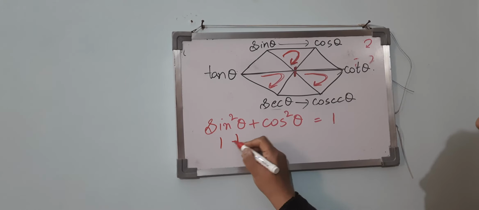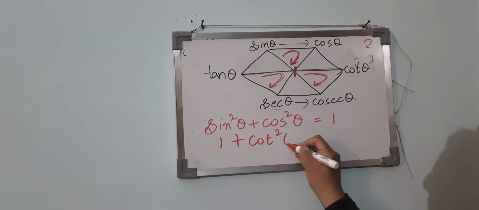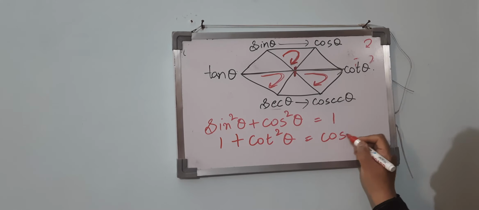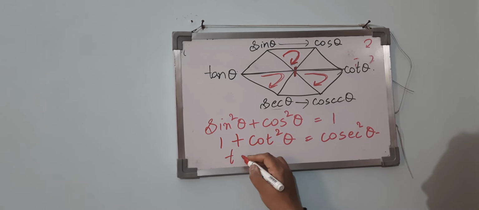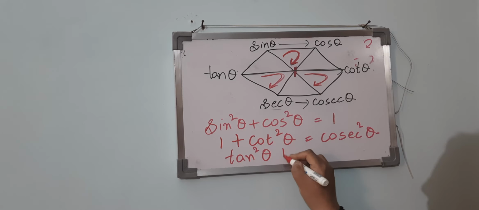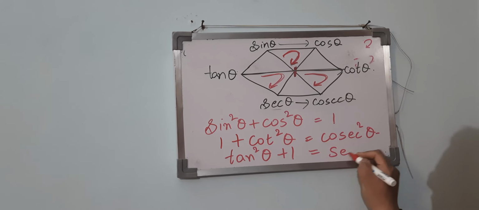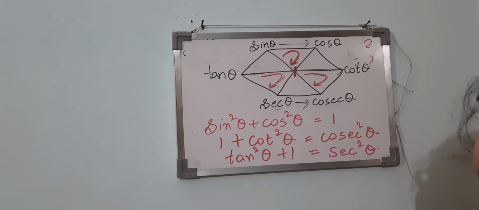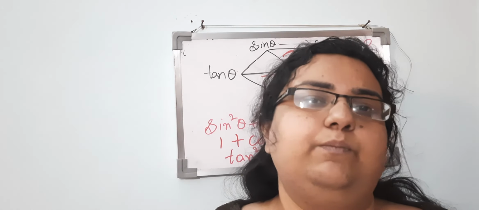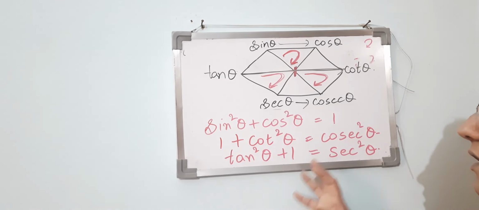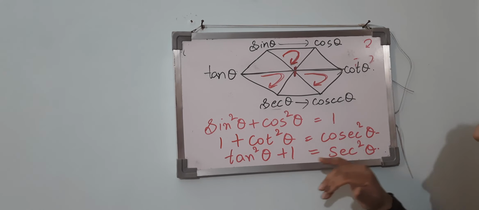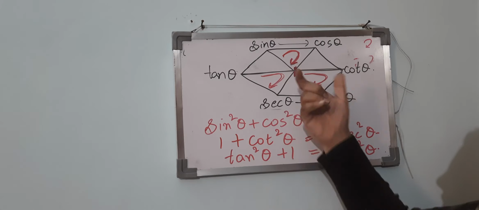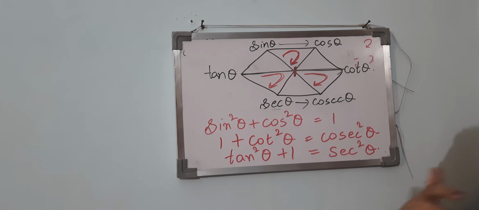Similarly, 1 plus cot square theta equals cosec square theta. And similarly, tan square theta plus 1 equals sec square theta. These are very important formulas which students always forget at examination time. So you can draw this and easily remember these formulas.